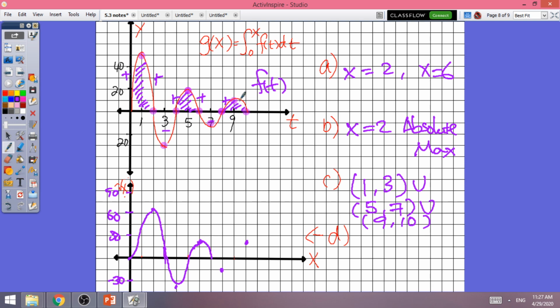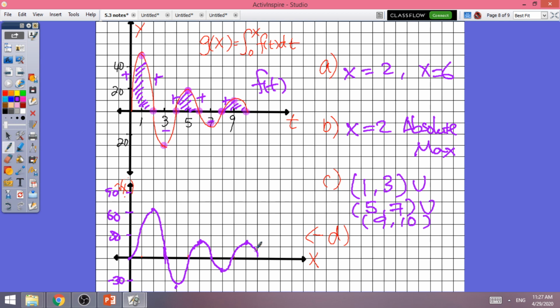And then from 7 to 9, concave upward again. So 7, 8, 9, concave upward. And then all of a sudden, right here, 9 to 10, concave downward.